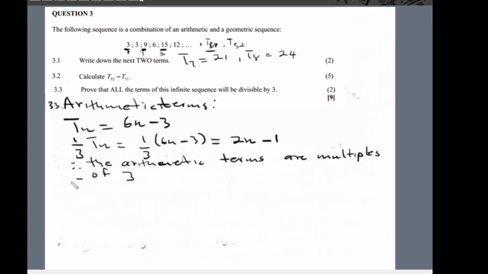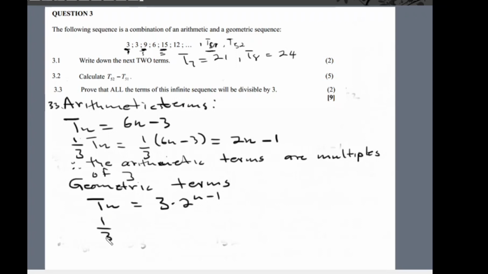And then for the geometric terms, we said the formula is Tn equals 3 times 2 to the power n minus 1.